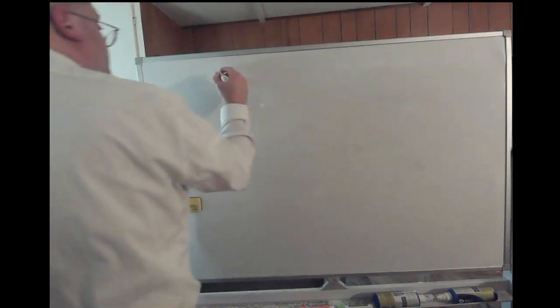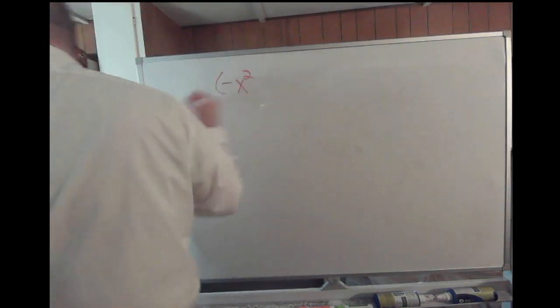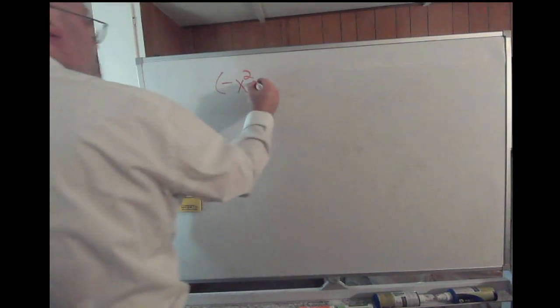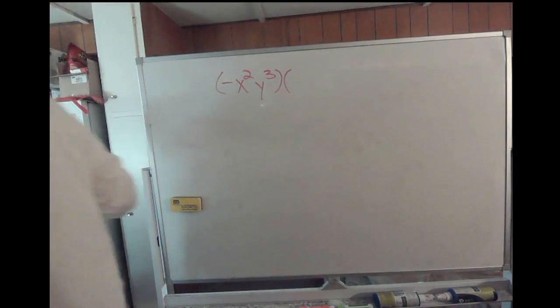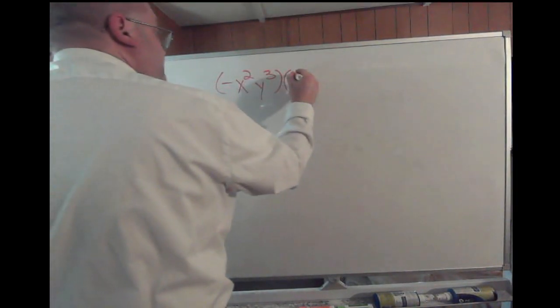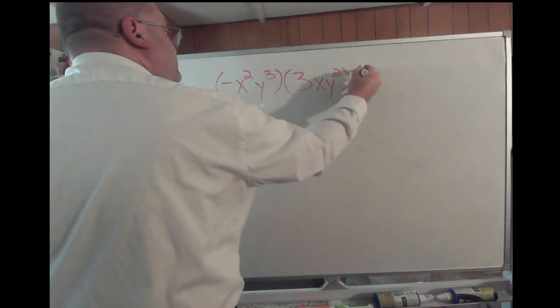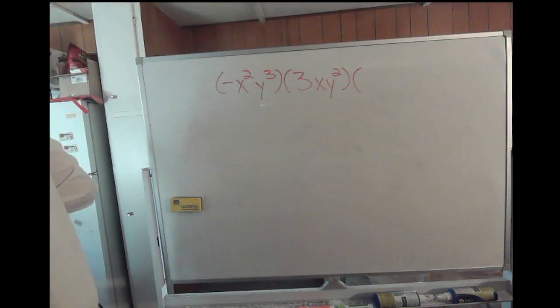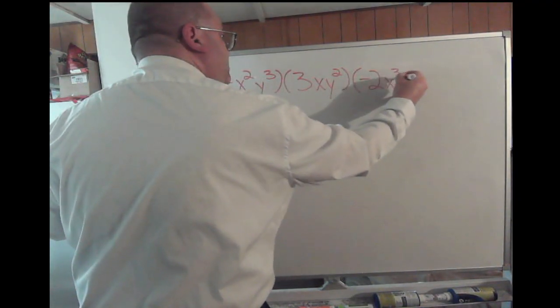Alright. I think we're ready to move into some harder stuff here. Let's see. We got negative x squared y cubed times the quantity of 3x y squared times the quantity of negative 2 x cubed y.